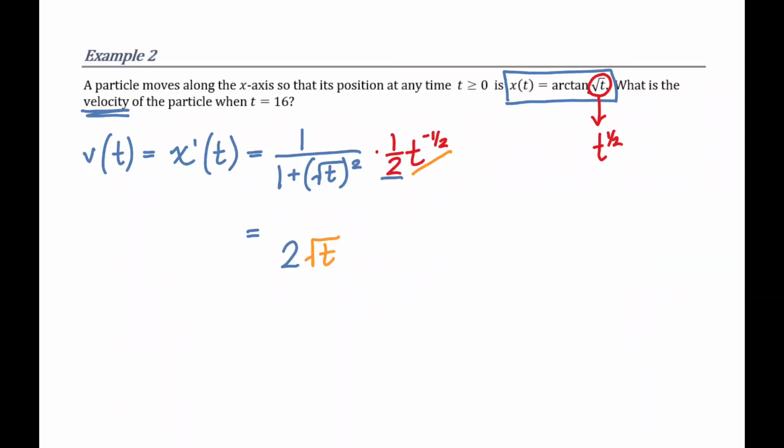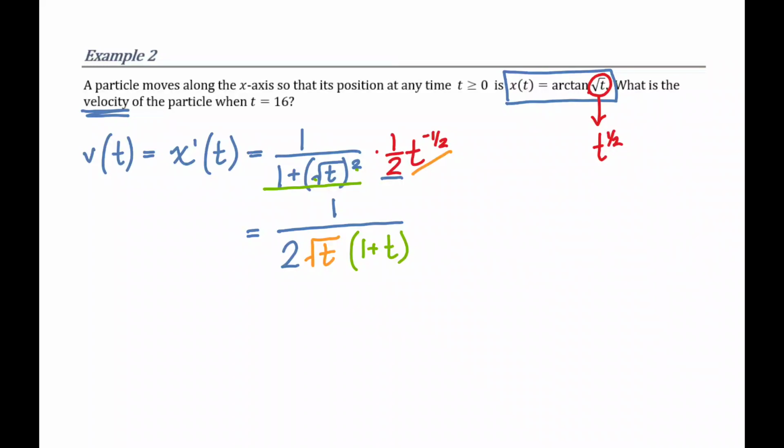And we will also have this. And of course, the square and the square root cancel each other out. So really that ends up being just 1 plus t. And the only thing we have in the numerator is just the 1. Okay, so that's our function for the velocity, 1 over 2 root t times 1 plus t.